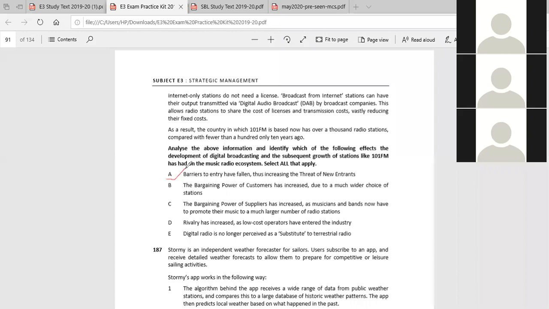The bargaining power of customers has increased. Is it increased or decreased? Customers are not very powerless now because there are many channels. So it has increased due to a much wider choice of stations.